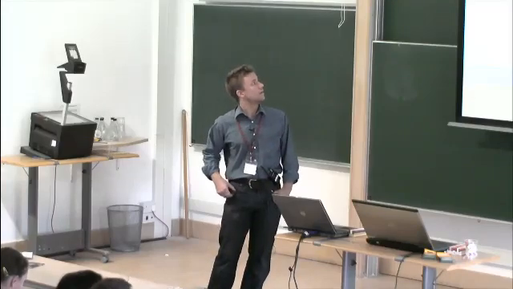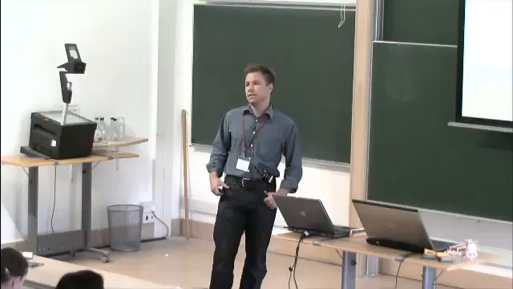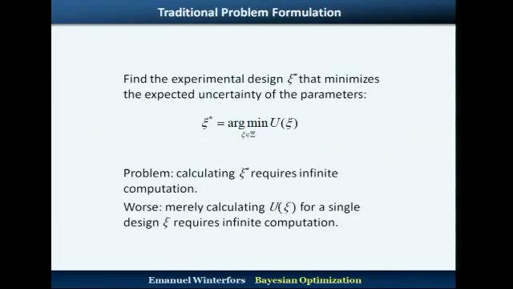Then I'll get in on Bayesian optimization itself, which is a fairly new field. There's not a whole lot of literature on it. So there are plenty of open problems still to sink your teeth into if you feel so inclined after hearing the talk.